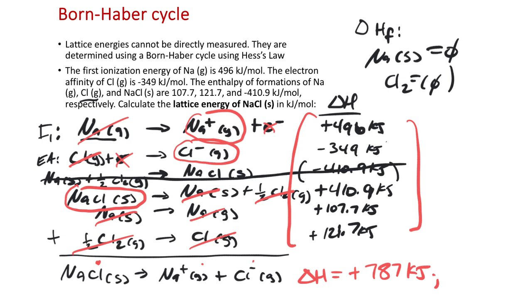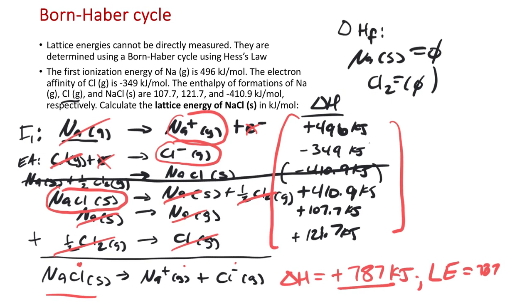And then the lattice energy from the delta H is just that energy divided by 1 mole. So 787 kJs per mole, positive.